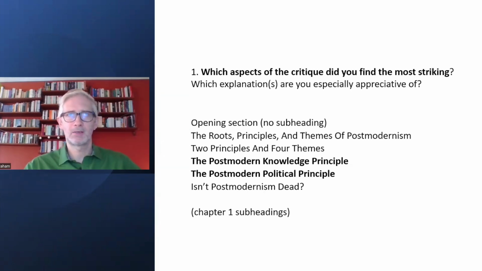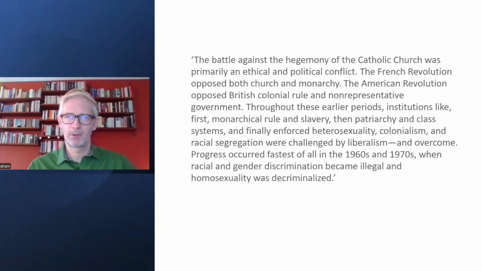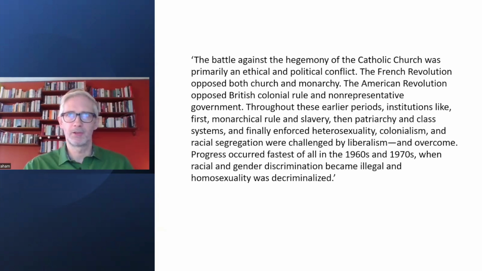After going through a list of liberalism's political achievements, which I'll show you, the authors wryly observe this all occurred before postmodernism became influential. And you can see what they list as liberalism's achievements on that slide. Feel free to pause the video if you want to examine the details of that.